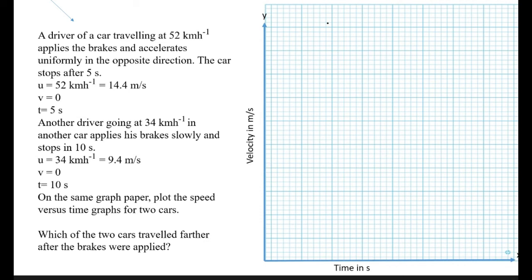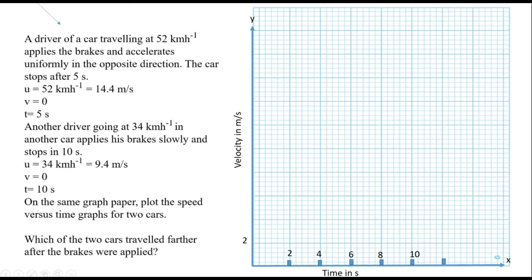Since the number of divisions is less here and we have a range up to 14.4 meter per second on the y-axis and 10 seconds on the x-axis, let me divide the time axis into 5 divisions, and one division is equal to 2 seconds. So that will be 4, 6, 8 and 10, because we require 10 seconds maximum.